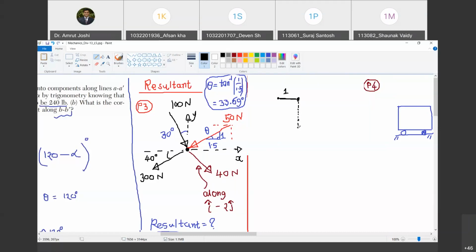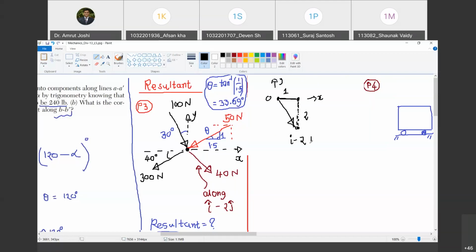Do you agree with me? Yes, sir. This is 2 units. And if this is the origin, if this is x, and if this is y, then this is the vector i cap minus 2j cap.